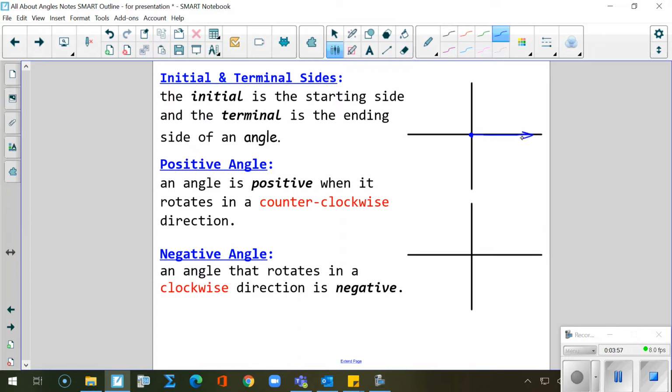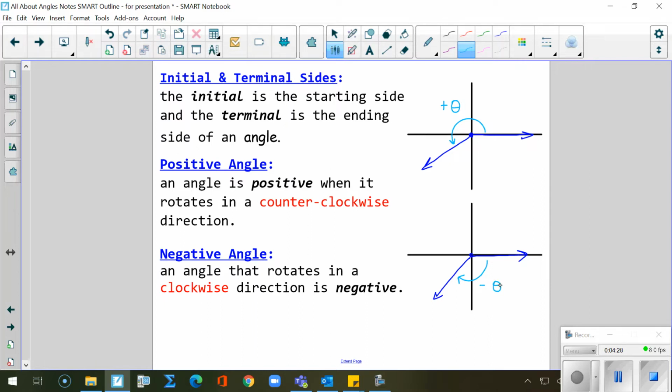So if I were to draw an initial side and a terminal side, that would be a positive angle. And we often use theta to represent an angle measured. However, if I had the same initial side and terminal side, we could be talking about this negative angle.